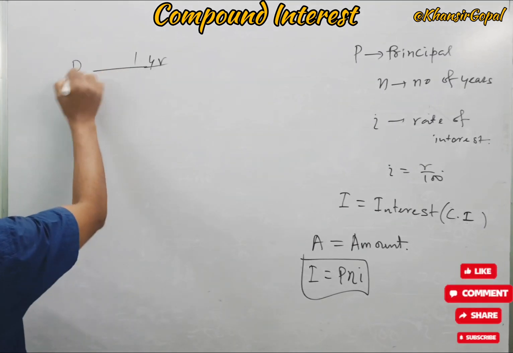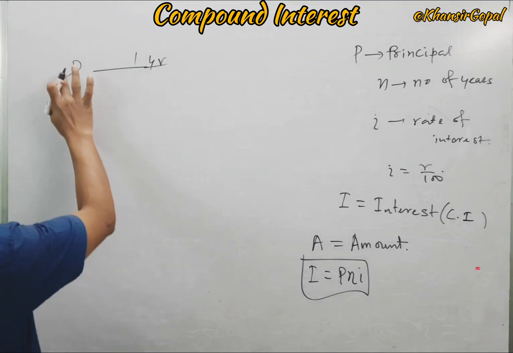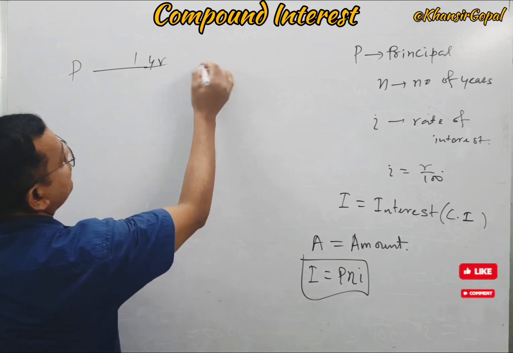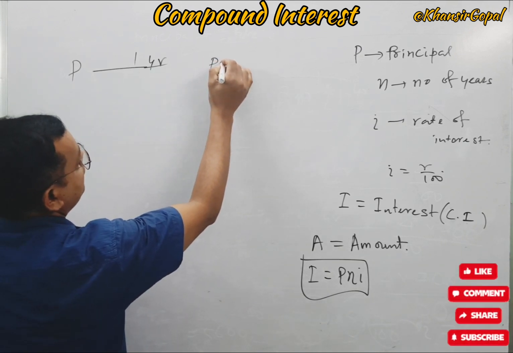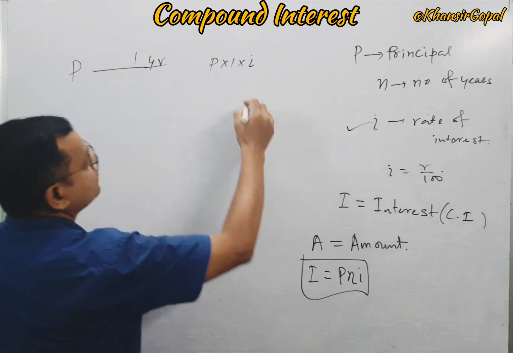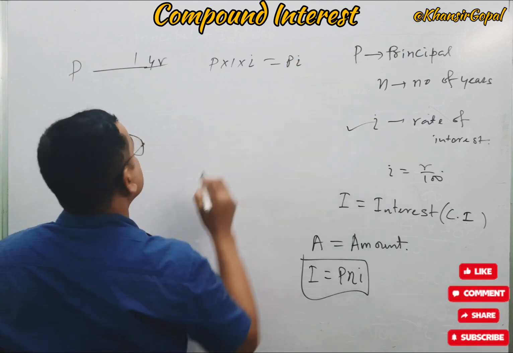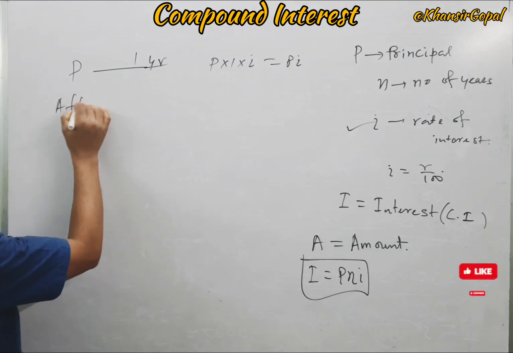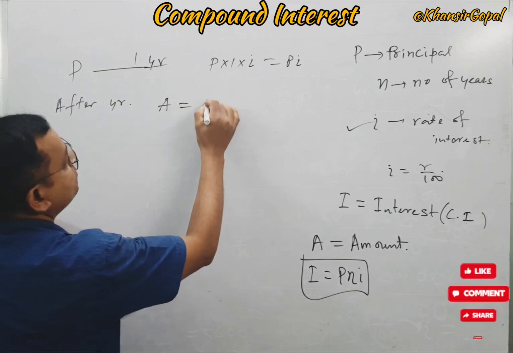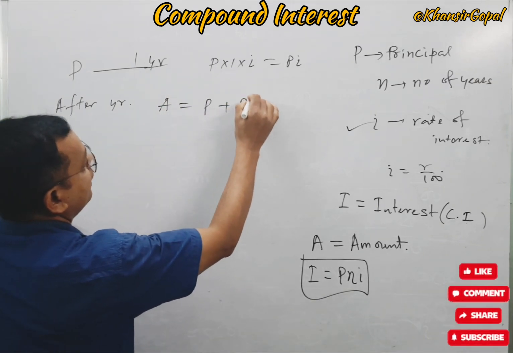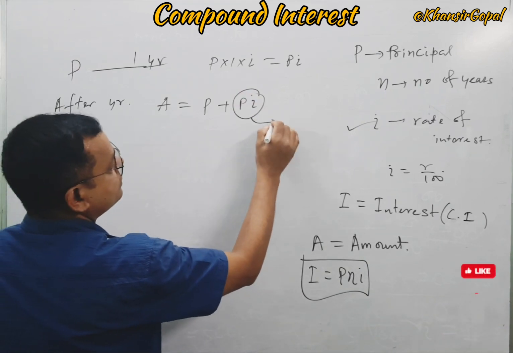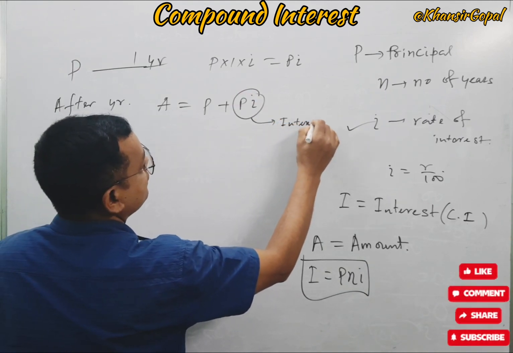If I keep P as principal, some amount, for 1 year, we will get interest P into 1 into I, because I is the rate of interest, that means PI. So after 1 year, what will be the amount? That is P plus PI, because this is the interest.